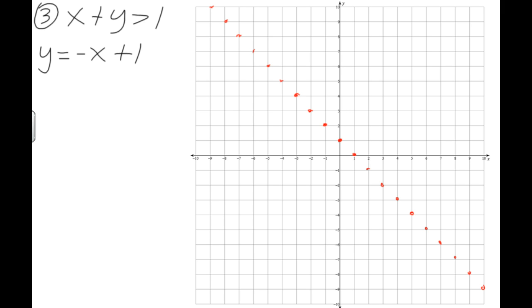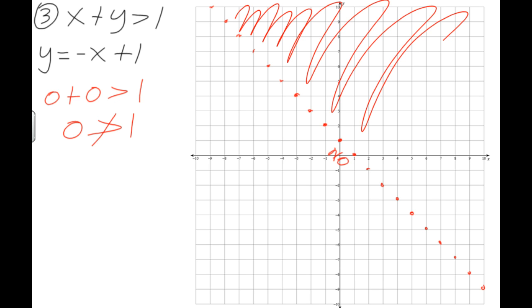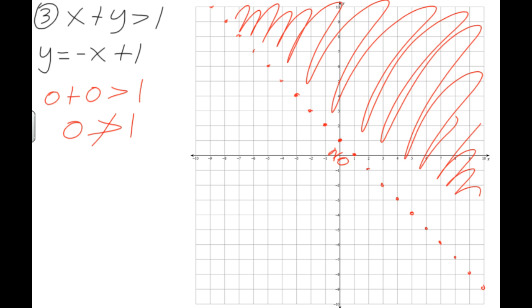And then also with that, it is going to be checking 0, 0. So I have 0 plus 0 greater than 1. 0 is not greater than 1. So I do not graph that part. That means I do graph this part. Okay, so that's the side that will be graphed.